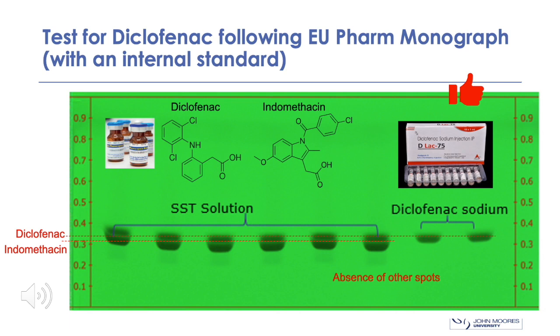As I said, indomethacin is just to check that the whole procedure is perfectly run and the plate is performing very well. The absence of other spots in our diclofenac sodium makes us to think that there's no major impurities and that the product is good to go to the market.